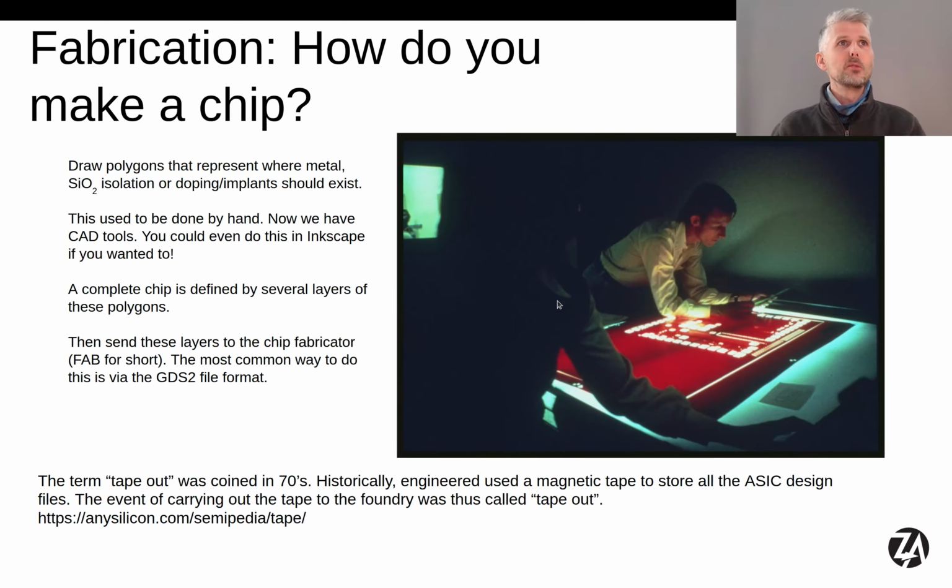So let's move on to how you make a chip. You need to make these pattern files that you send off to the factory, and the file format for those pattern files is GDS2. Now, the way that you end up with those GDS2 files is pretty much up to you. You can even draw stuff by hand in Microsoft Paint or Inkscape or whatever you want.